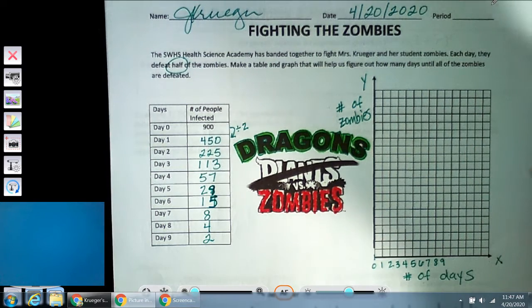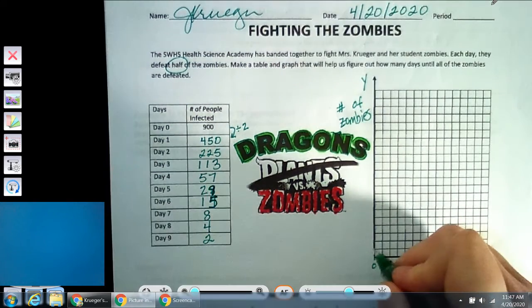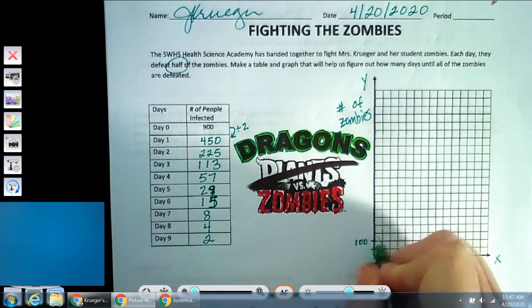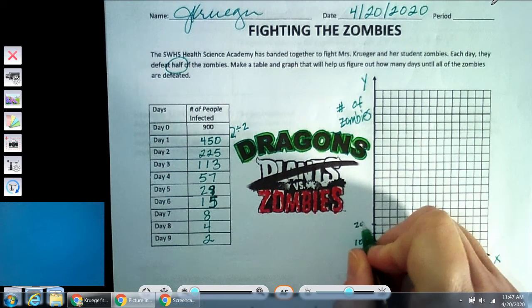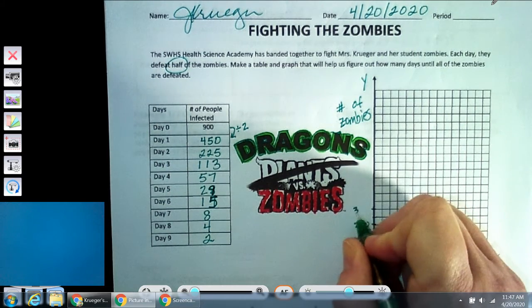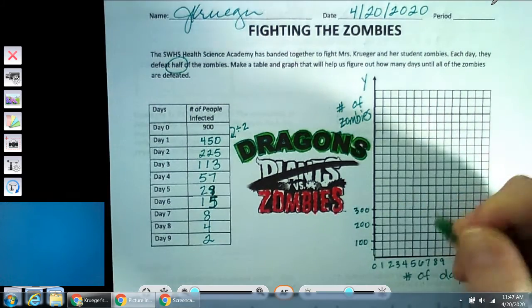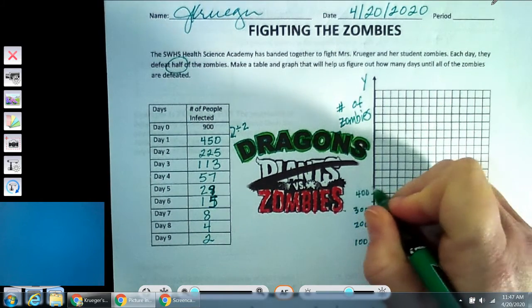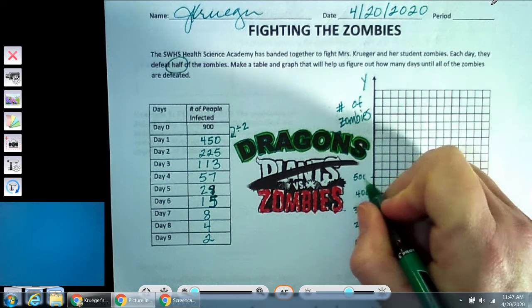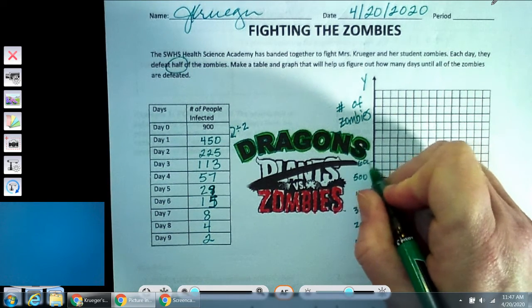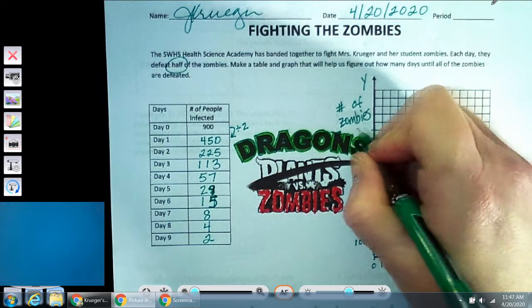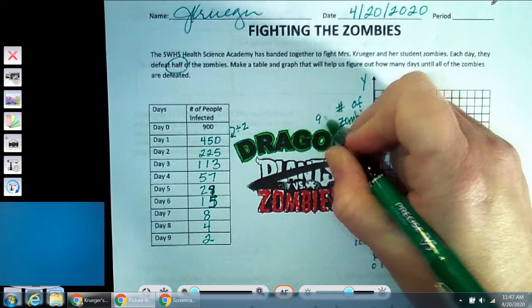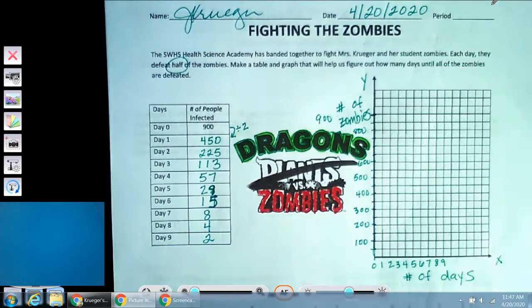I'm going to go by 50s. 50, 100, 200, 300, and so on, to see how much of this data I can get onto my graph. So that puts 900 right here.